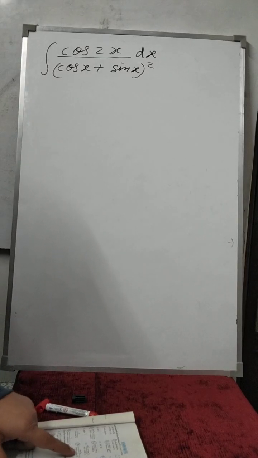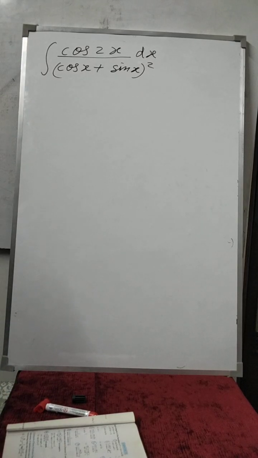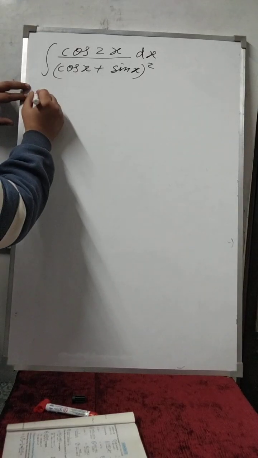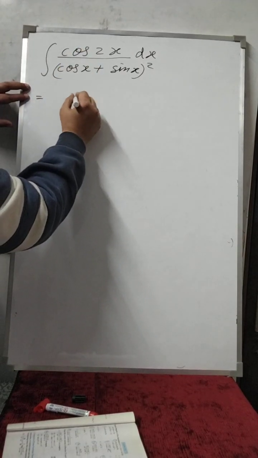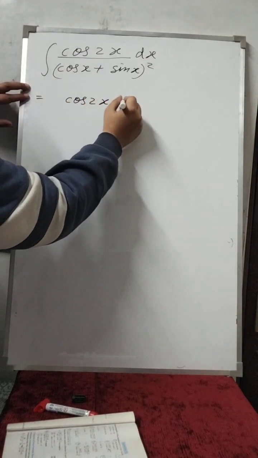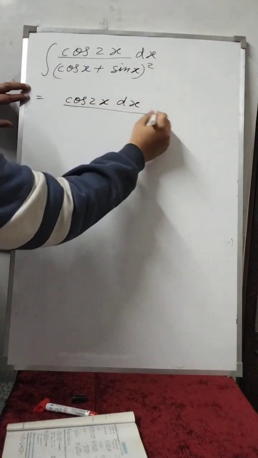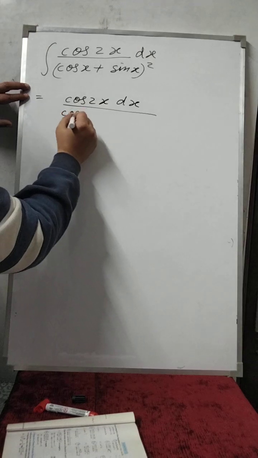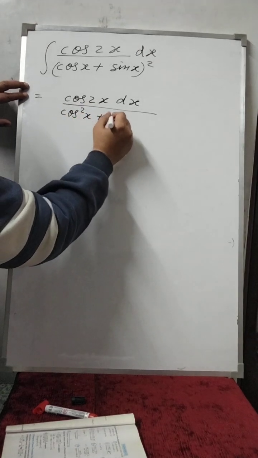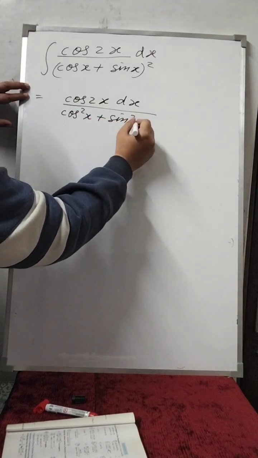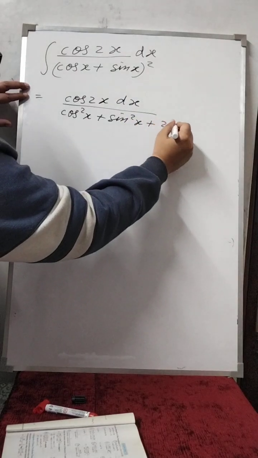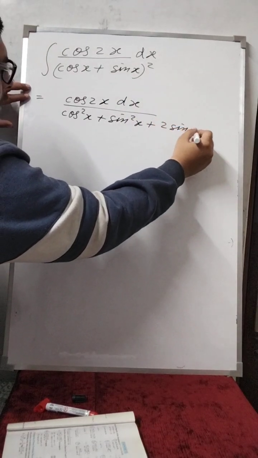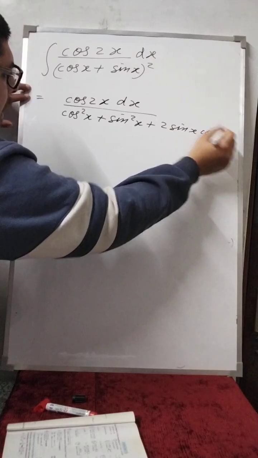So I can write the numerator as it is, cos 2x dx, divided by a plus b whole square, means a square plus b square plus 2ab. Okay, am I right?